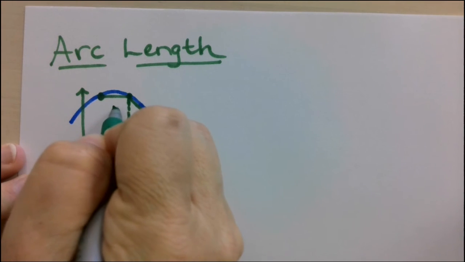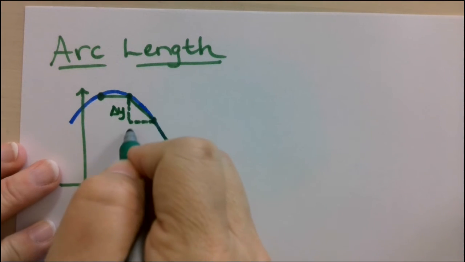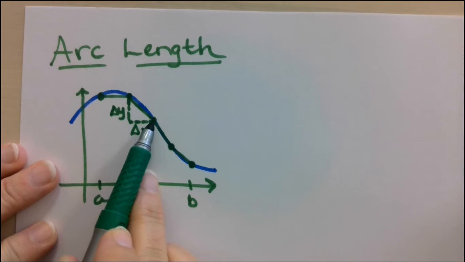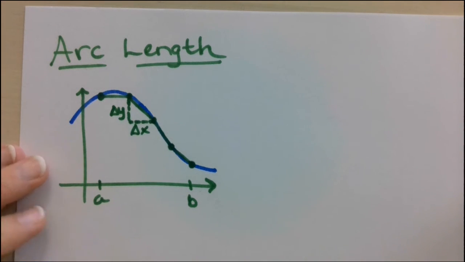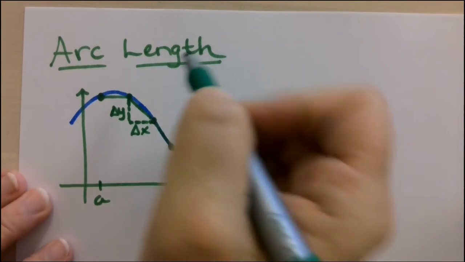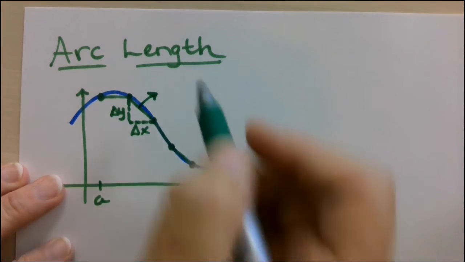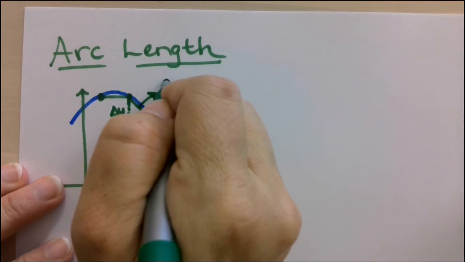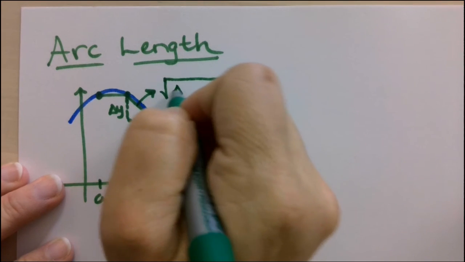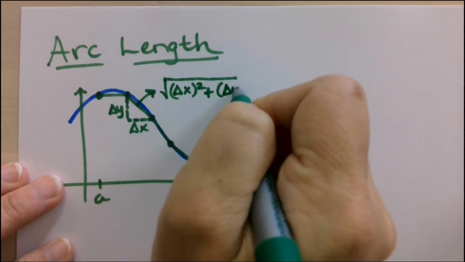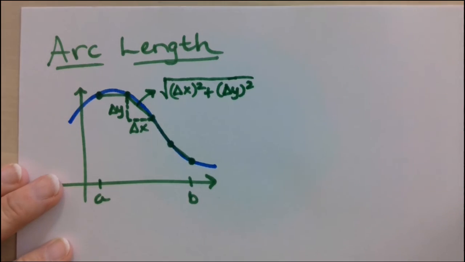I'm going to label the sides of the right triangle delta y and delta x for the change in x coordinates between those 2 points and the change in y coordinates between those 2 points. And that means that the length of this segment is going to be, using Pythagorean theorem, the square root of delta x squared plus delta y squared.